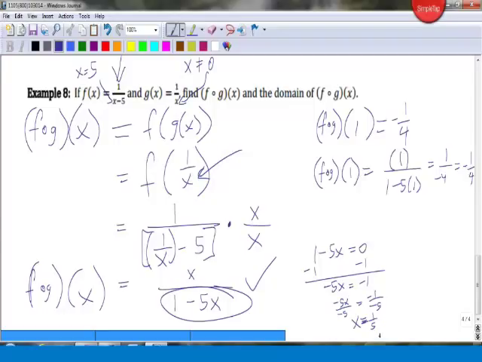Just go looking for denominators all throughout the problem, and every time you see a denominator, realize that any value of x that causes that denominator to be 0 is going to be a problem.